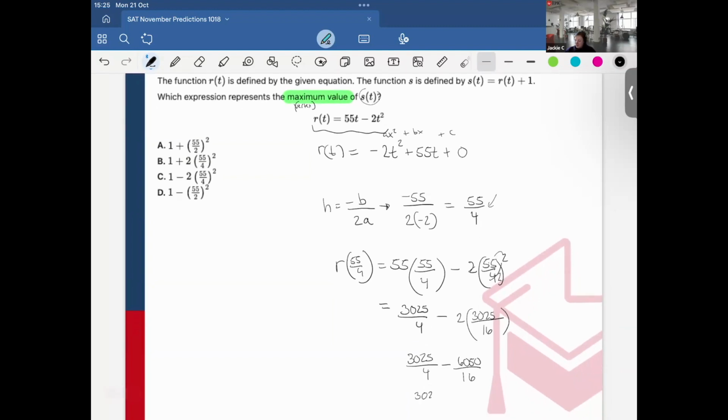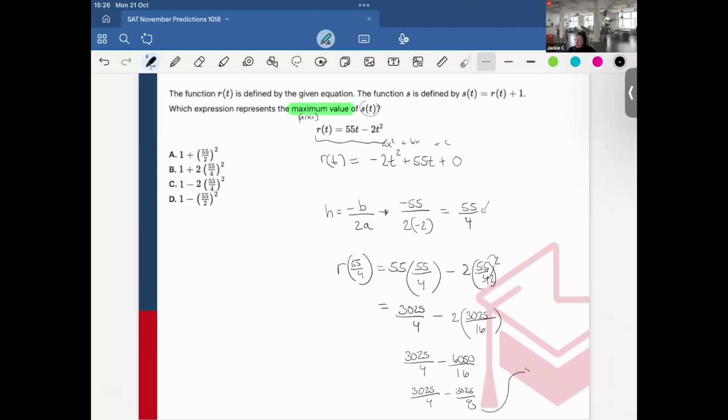So it's 3025 over 4 minus 3025 over 8, find a common denominator. Okay, so this will eventually simplify to 3015 over 8. Which just means that my maximum value, when t is at 55 over 4, is 3015 over 8. That's for the r of t function.